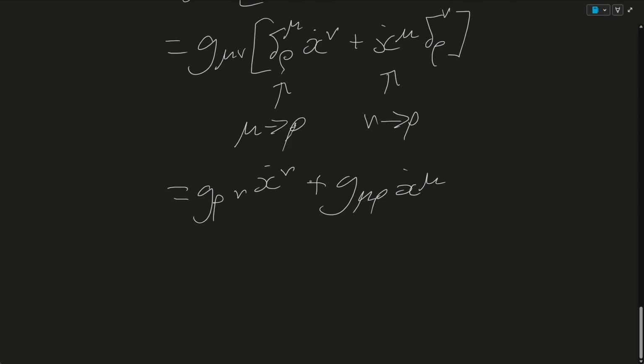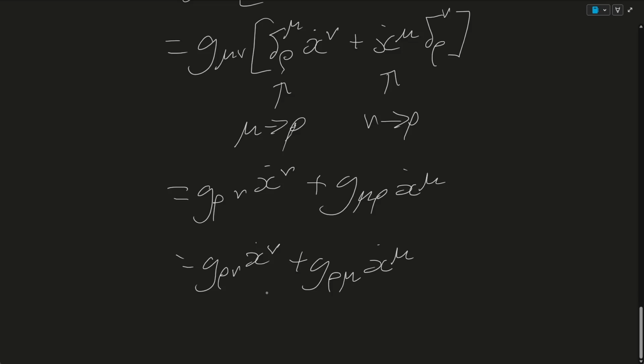And because this is just a dummy index, that's g sub rho nu x dot to the nu, and that's g sub mu rho x dot to the mu.